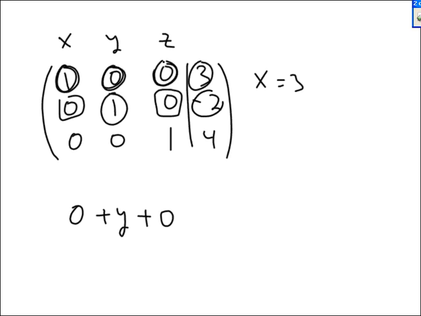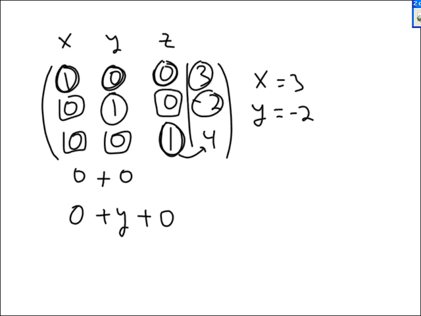And it equals -2. y is equal to -2. The next one is z equals 4, because 0 x's are 0, plus 0 times y is 0, plus 1 times z is z. 0 plus 0 plus z is z, and it equals 4.